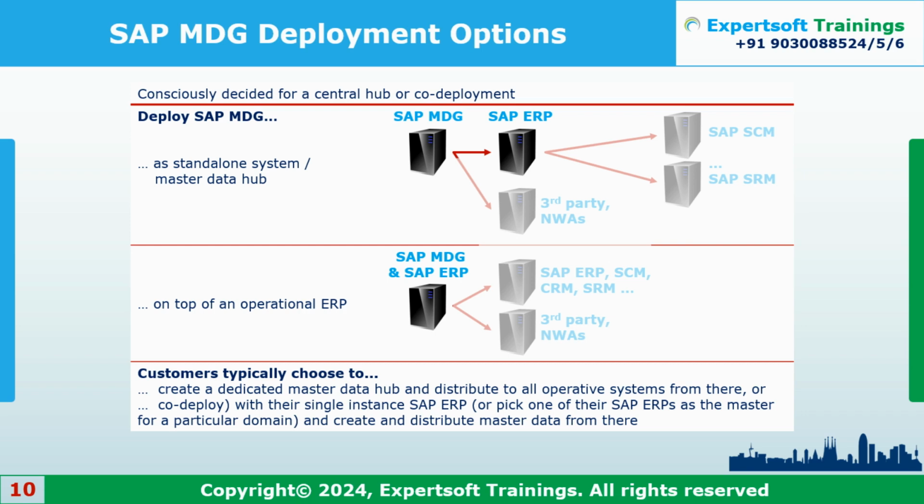With co-deployment, if your product needs an upgrade, or MDG needs an upgrade, and you go for downtime, your whole system goes down. But in a hub deployment, if MDG needs an upgrade, you are not dependent on the other system. You can directly go for the upgrade and move your changes to production. That is one benefit.